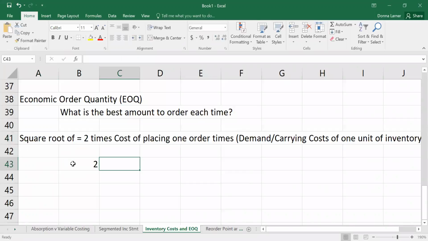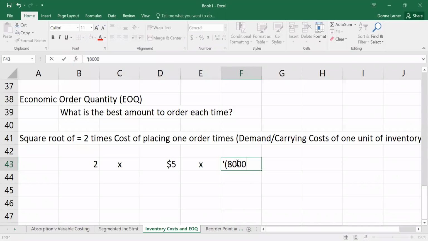2, and we'll do our times symbol. And let's center that. The cost of placing one order. Well, we know the cost of placing one order is $5. The next part says the demand. Well, the demand, how many do we use in a year? And if I remember right, our problem said we use 8,000.